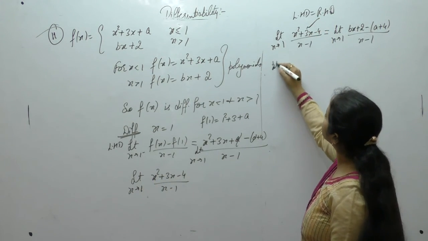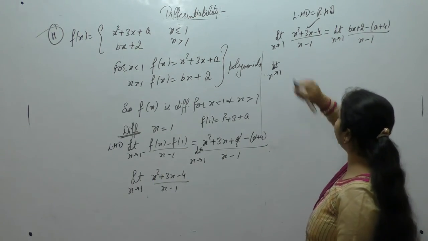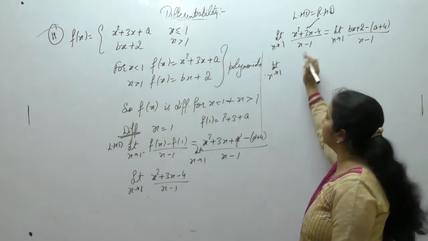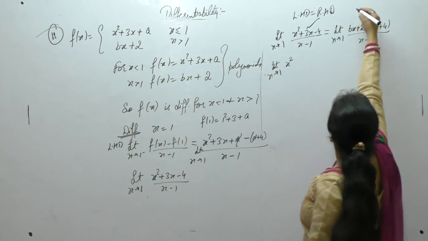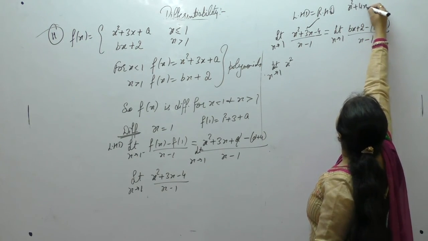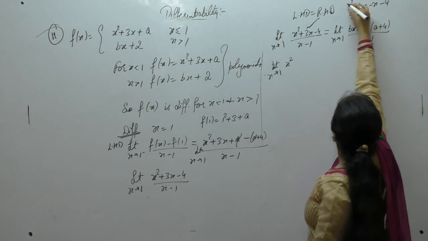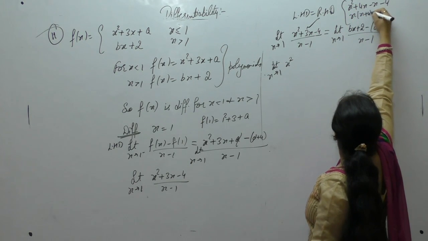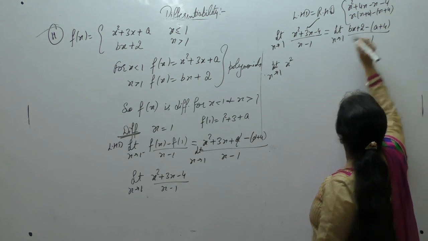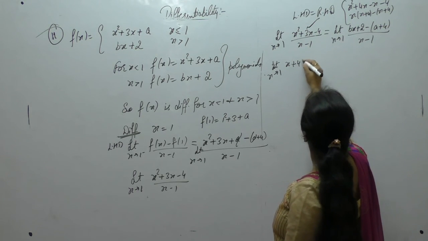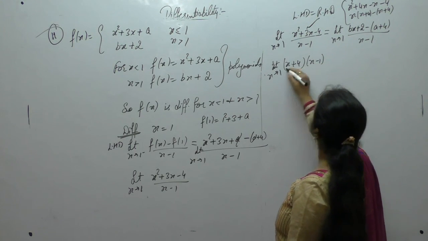On multiplication, we want minus 4 and addition 3. So we can write it as x square plus 4x minus x minus 4, that is x into x plus 4 minus 1 into x plus 4. So the factors are x plus 4 and x minus 1.